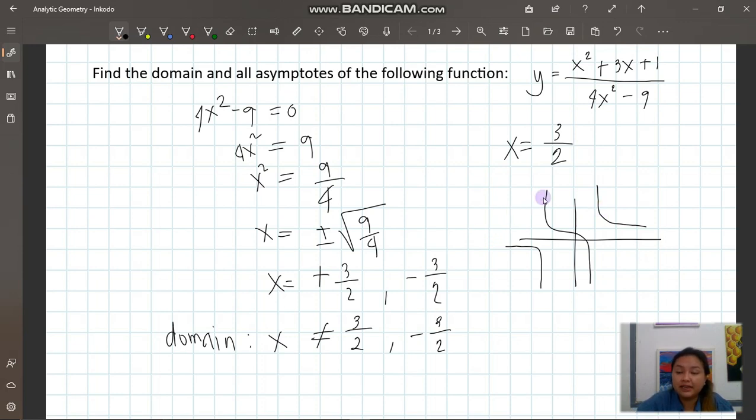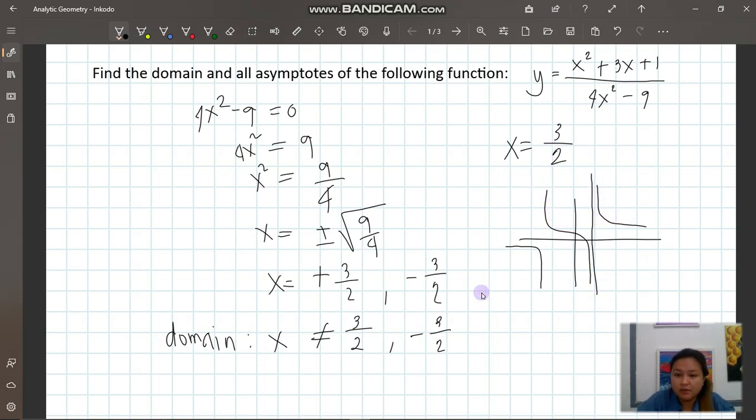And these are vertical asymptotes. For example, the line x is equal to 3 halves represents that the graph of our function does not touch it at that part.